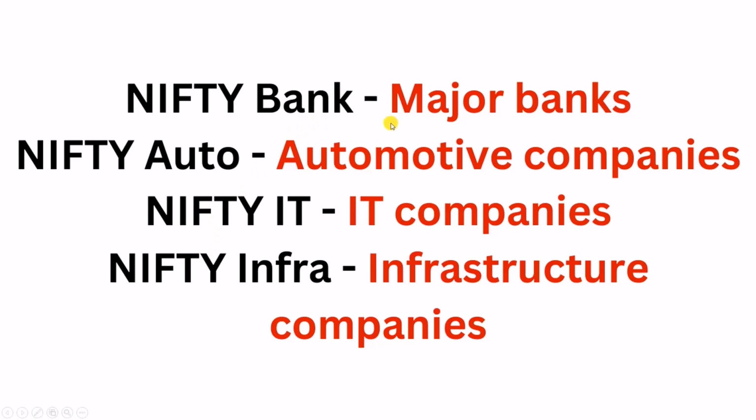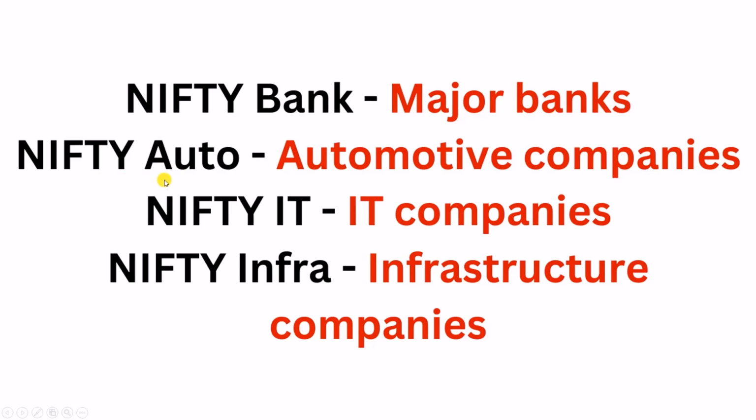And in the same way, we have different indices categorized according to sectors. Nifty Bank is an index which has major banks in it. Or I can say, in other words, Nifty Bank is an index which shows you how the price of stocks of major banks is moving.